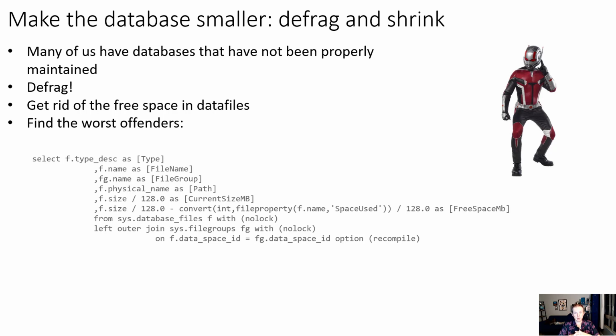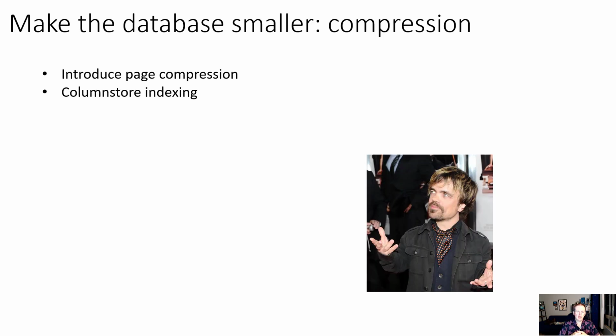And if we archive and shrink it down and filter these indexes, then defragging should be a lot easier, right? We can also introduce compression. Page compression and column store indexing can be used to make things much, much smaller, right?